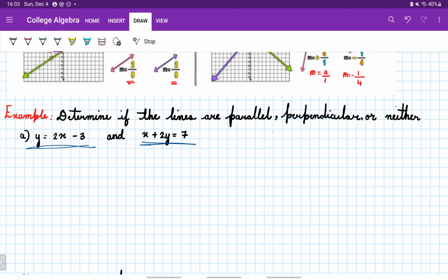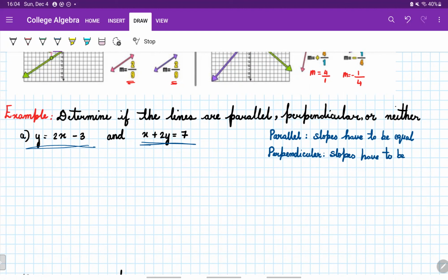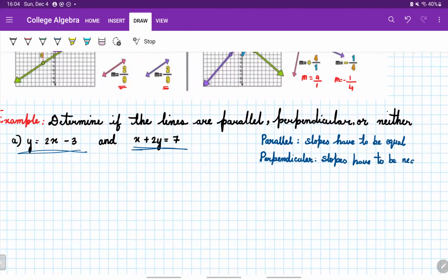So once again, if they are parallel, the slopes have to be the same, slopes have to be equal. And if they're perpendicular, the slopes have to be negative reciprocals.